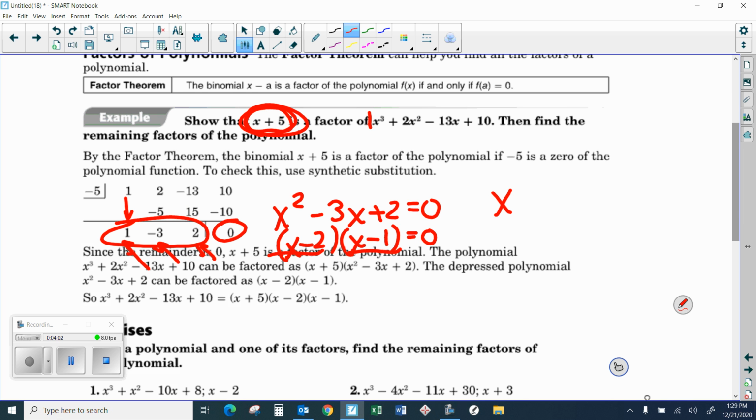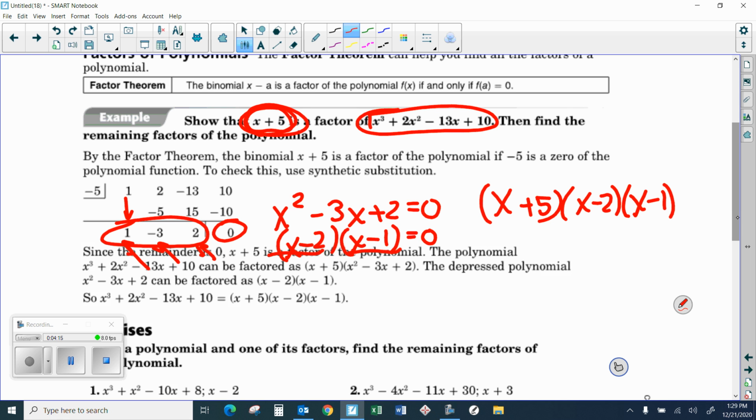So all three factors are x plus 5 times x minus 2 times x minus 1. That all multiplies back up to that right there, if you multiply it all back together. So it says find the remaining factors. Notice it didn't say to solve them, it just says find the remaining factors. These are the factors. So there's my answer right there, which then you see right down there.